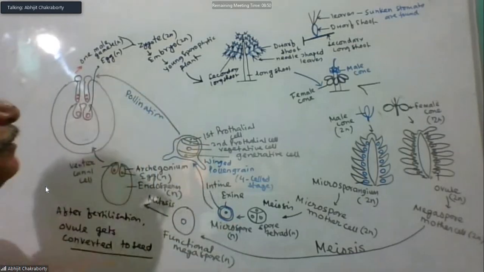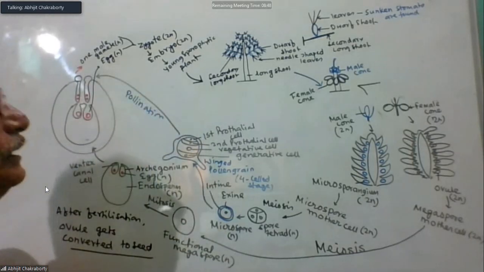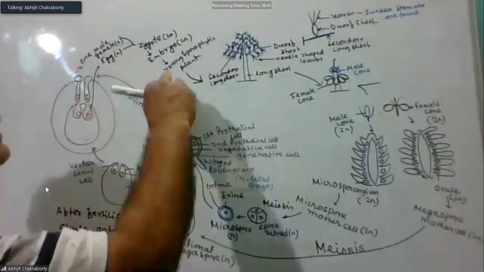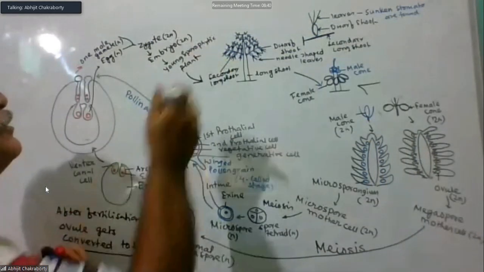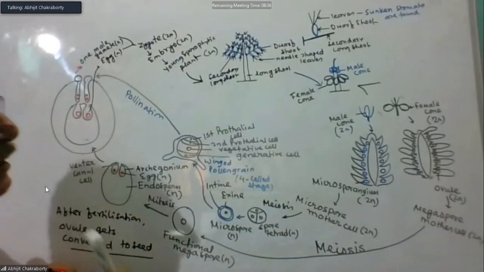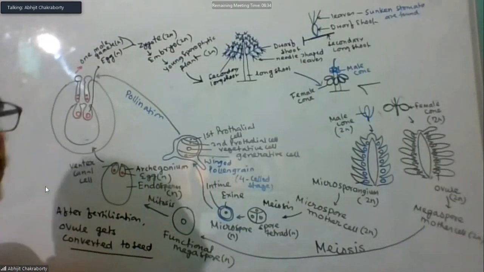So zygote is formed, embryo is formed inside the seed, and eventually the young sporophytic plant develops. So this is one of the life cycle patterns found in Pinus.